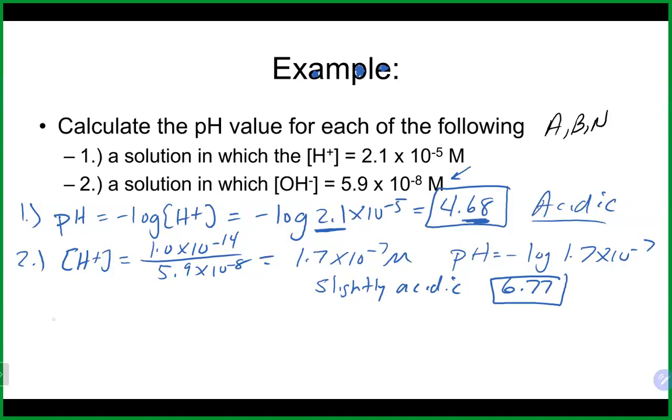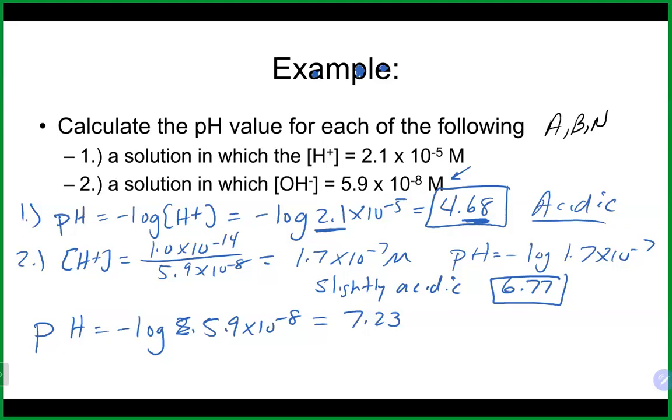Now, if you just blindly went into that equation there and did minus the log of 5.9 times 10 to the minus 8, you would have got something like 7.23.